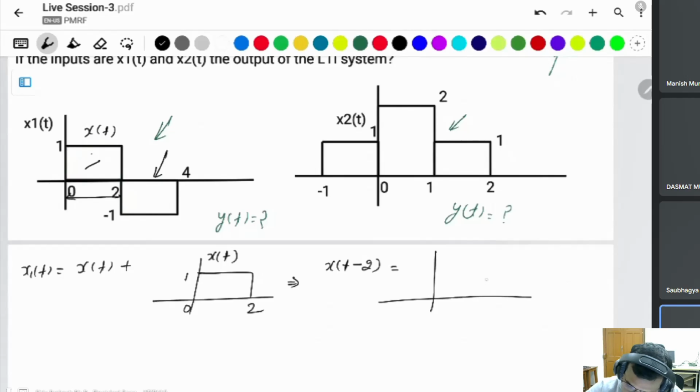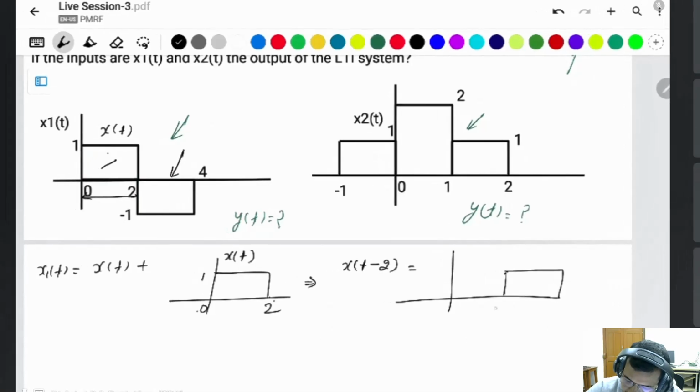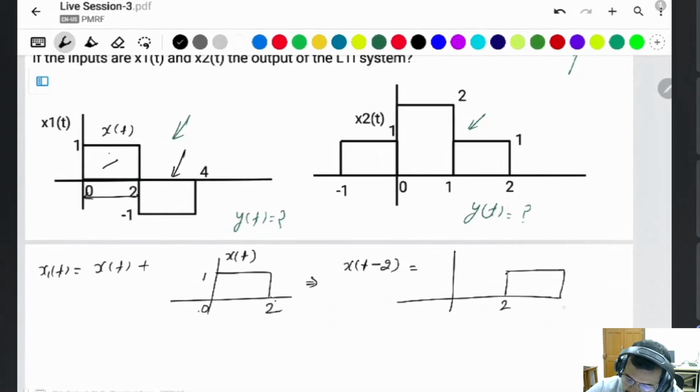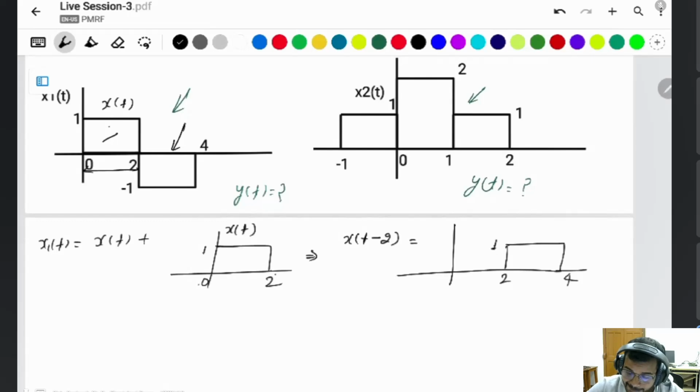The signal is delayed by 2. It means this 0 is shifted to here, 2, this 2 is shifted to 4. Yeah, this is x(t minus 2).